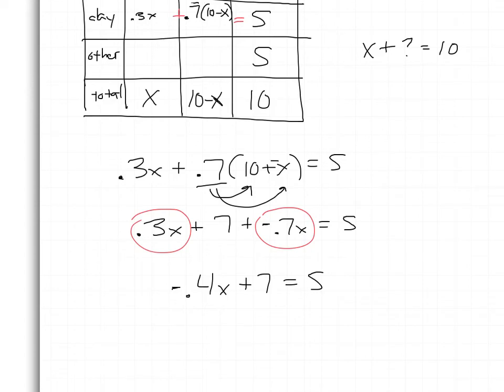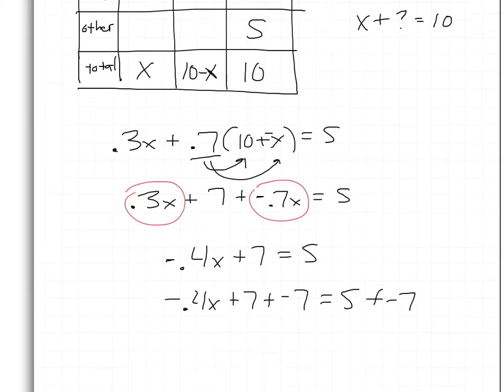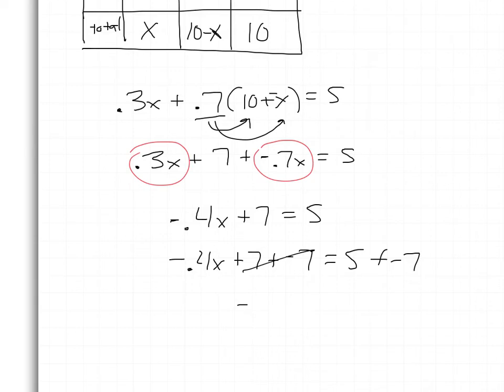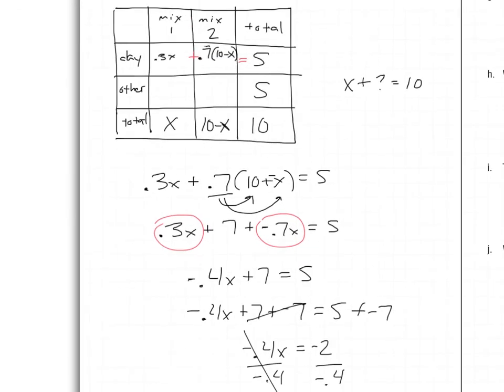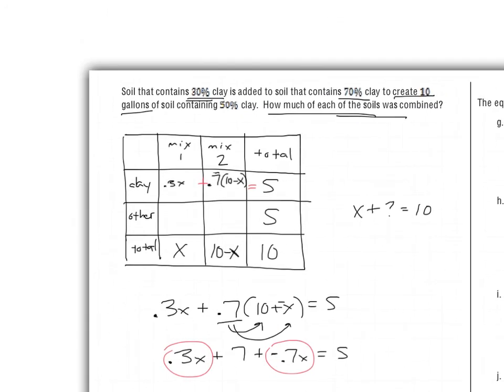Now go ahead and start doing some inverse operations. Negative 0.4x plus 7 plus negative 7 is equal to 5 plus negative 7. Negative 0.4x is equal to negative 2, divided by negative 0.4. That gives me x is equal to 5 gallons.